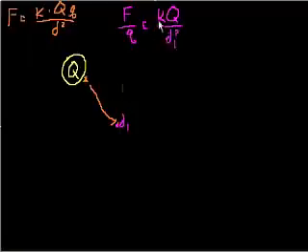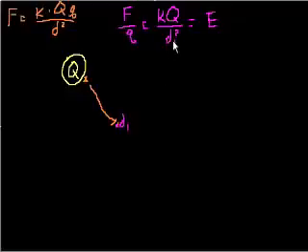Right? Or we could say in general, and this is the definition of the electric field, and actually this is the electric field at the point D1. And if we wanted a more general definition of the electric field, we'll just make this a general variable.